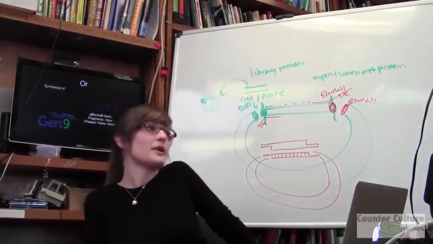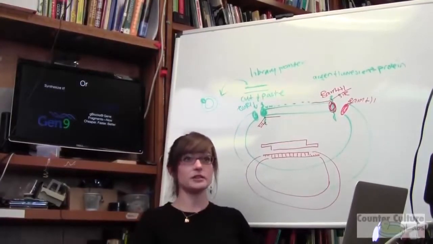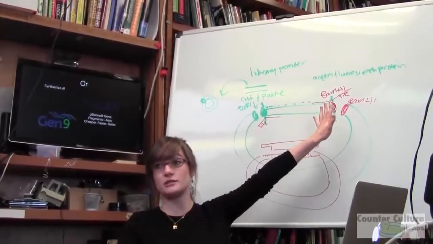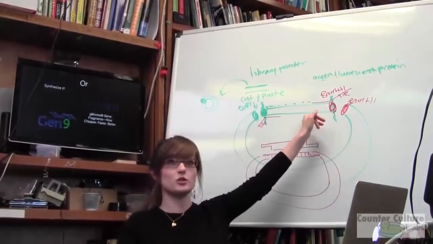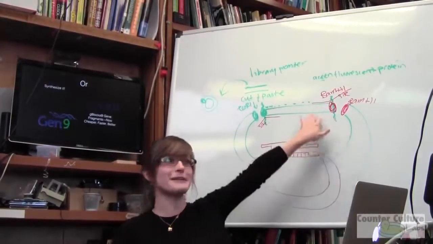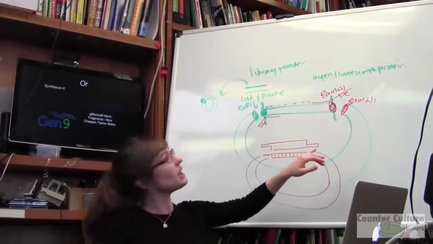You want to make sure it doesn't have a Bam or Eco site internal. Exactly. Whatever you're going to clone with, you want to make sure those restriction sites aren't already present in your gene, because that's a huge problem. You don't want to chop up your very expensive gene that you just ordered from Gen9 when you're trying to clone it into your vector.